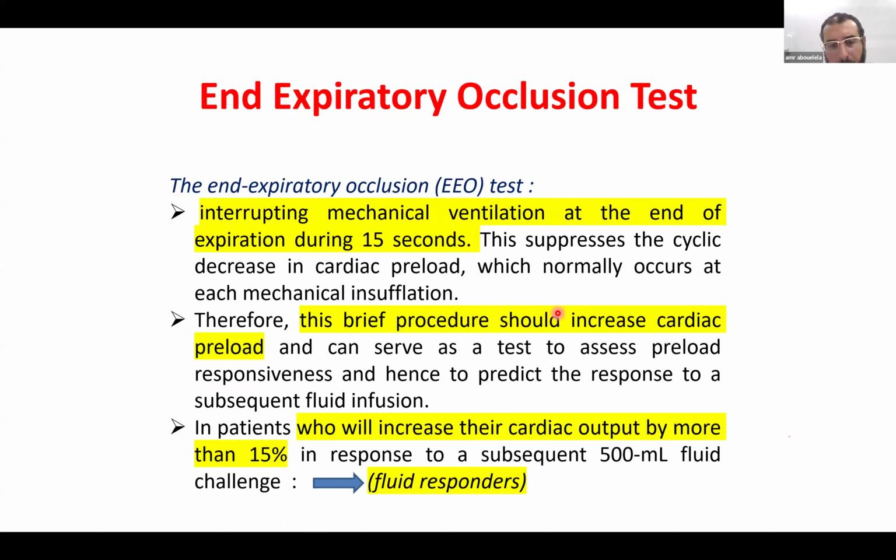And again, as you know, if the cardiac output increases by 15%, this will definitely be interpreted as this patient is fluid responsive. Again, you have the same limitation.